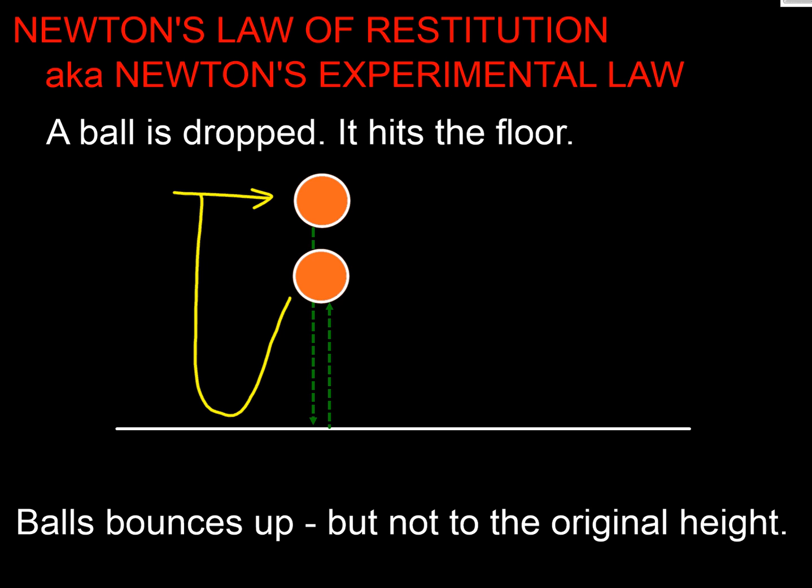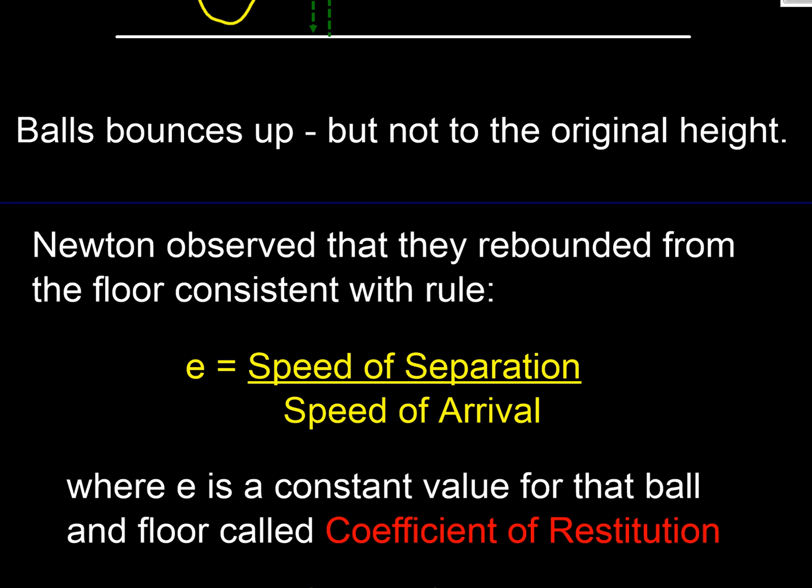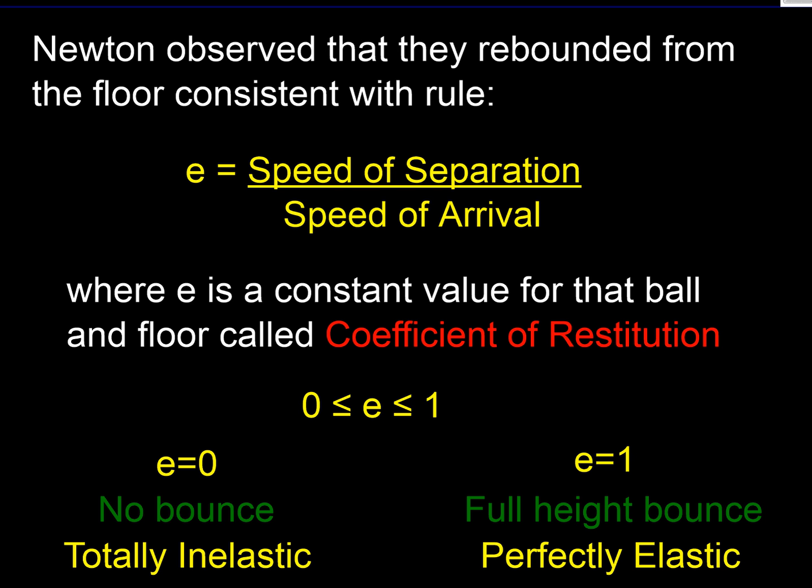So Newton investigated this, and he came up with a law that if he took this ball and that piece of floor and he dropped it from different heights, what he found was there was a constant ratio between the speed of separation, which is this bit here, how fast the ball moves off after the collision or the bouncing off the ground, and the speed of arrival, which is the speed that it hits the ground at.